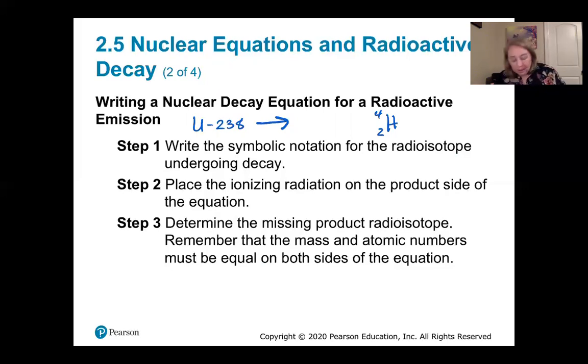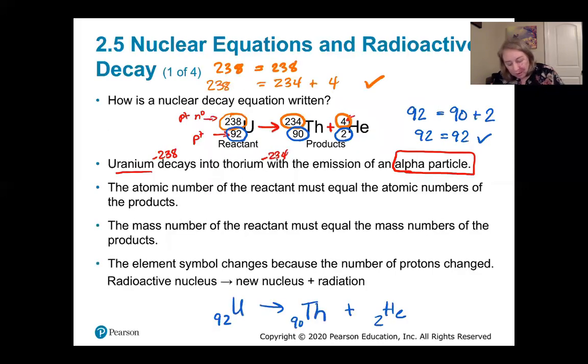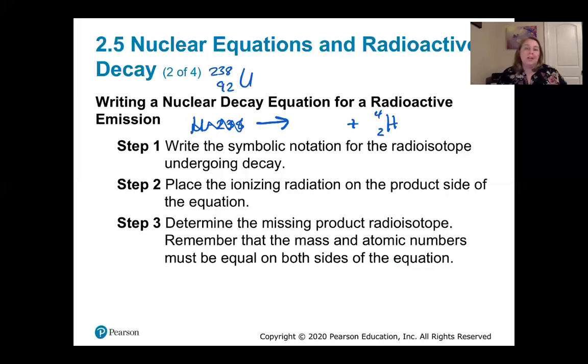I really should have written this as 238 uranium, and we had 92. Let me rewrite the alpha particle, 4, 2, He.